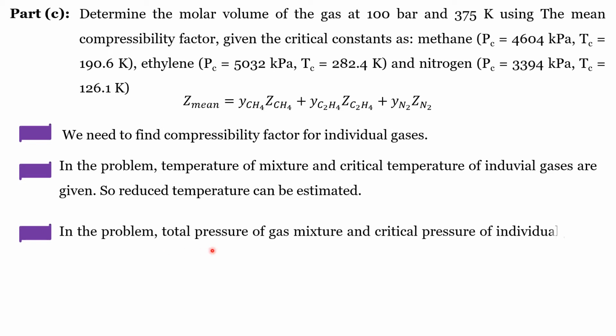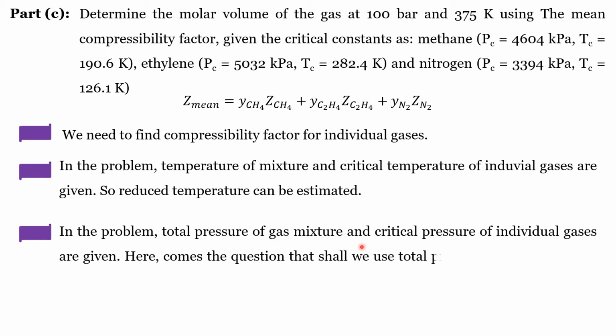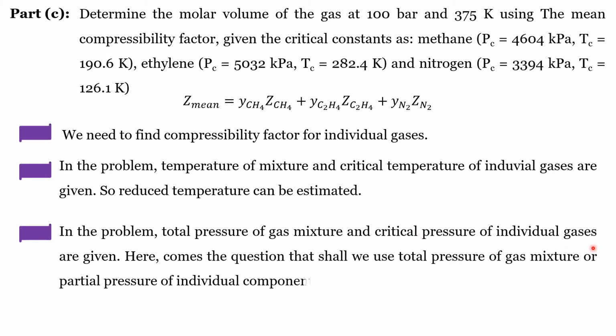So in the problem, total pressure of gas mixture and critical pressure of individual gases are given. So here comes the question: shall we use total pressure of gas mixture as the partial pressure of individual components while estimating reduced pressure? So we can use both, we can use total pressure as well as individual pressure. So we will see in the next slide how we can use total pressure or individual pressure.